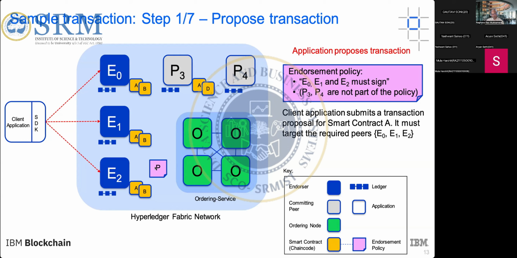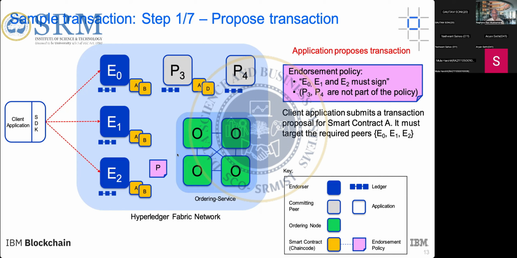This P is nothing but an endorsement policy. It says that E0, E1, E2 must sign, right? So that means all three endorsement nodes must sign the transaction. They must endorse the transaction, right?